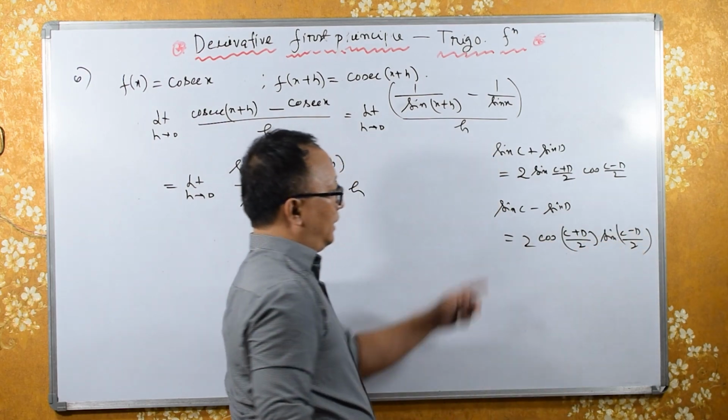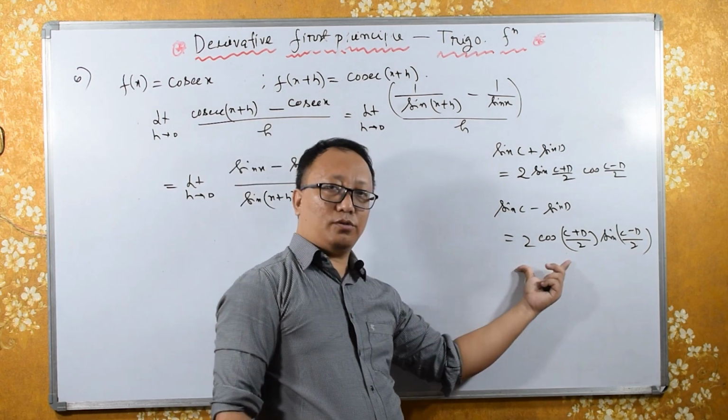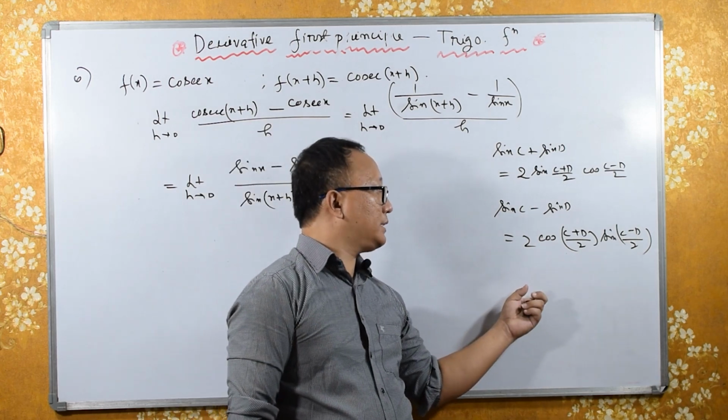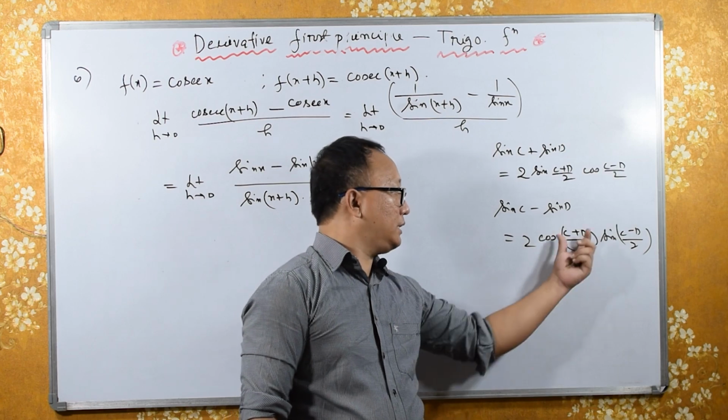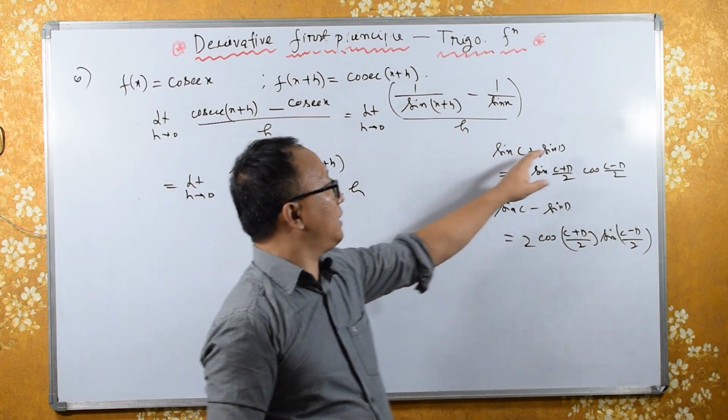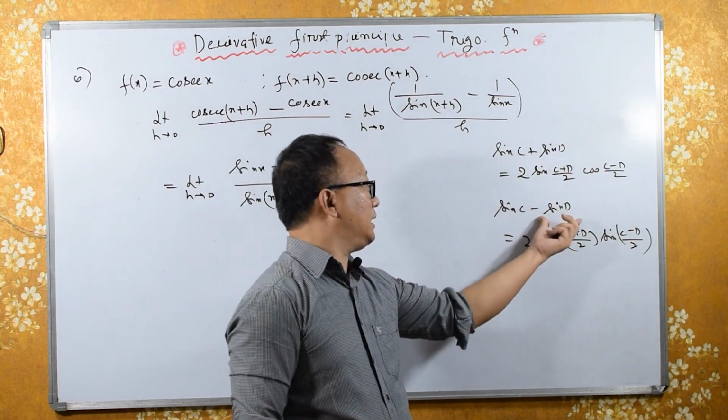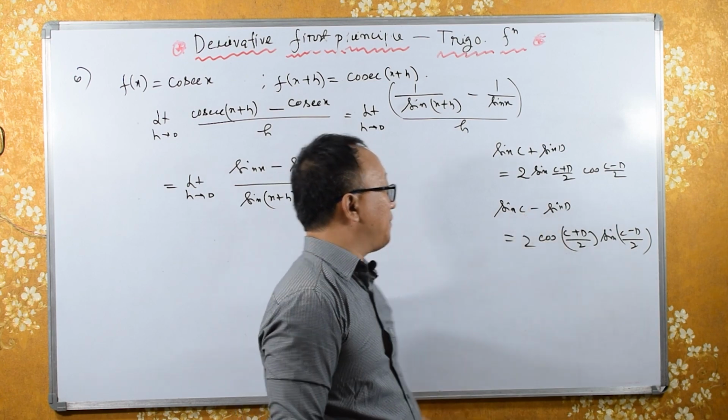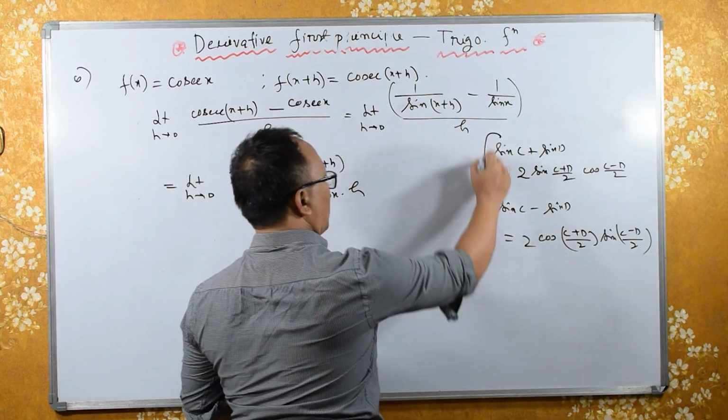If it is cos c plus cos d, then it becomes twice cos cos. If it is sine plus sine, it is sine cos, and sine minus sine is cos sine. Now we have to apply this formula.